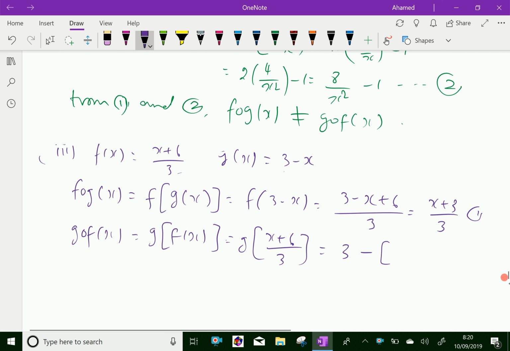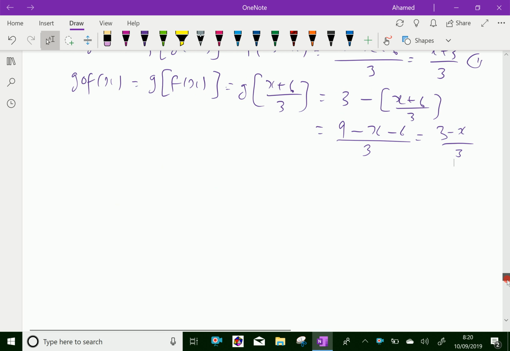Now by simplifying, 3 3s are 9 minus x minus 6, because the minus is multiplied inside, over 3, which is equal to 3 minus x over 3. Let it be 2. From 1 and 2 we can say fog x is not equal to gof x.